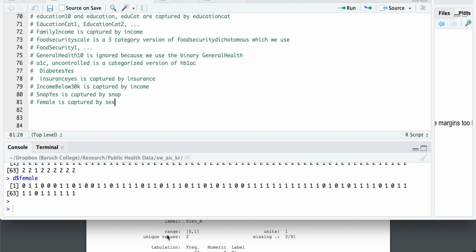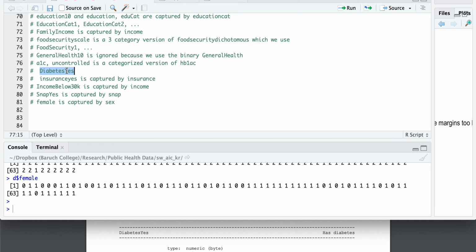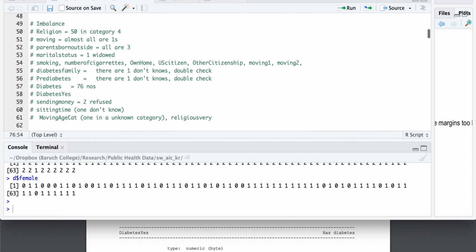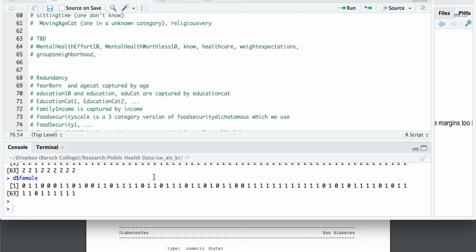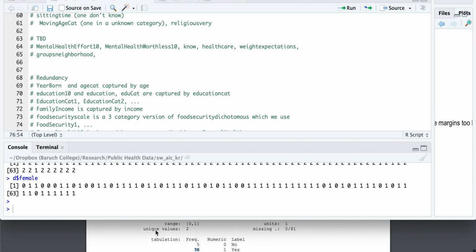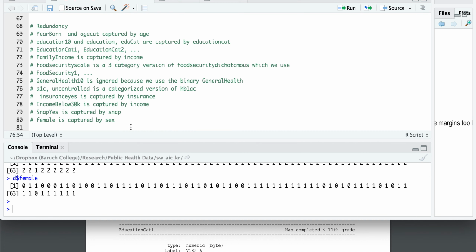Okay, so diabetes, yes. I don't know what's in redundancy. It should be here. Okay, we have it. Diabetes, yes, too.